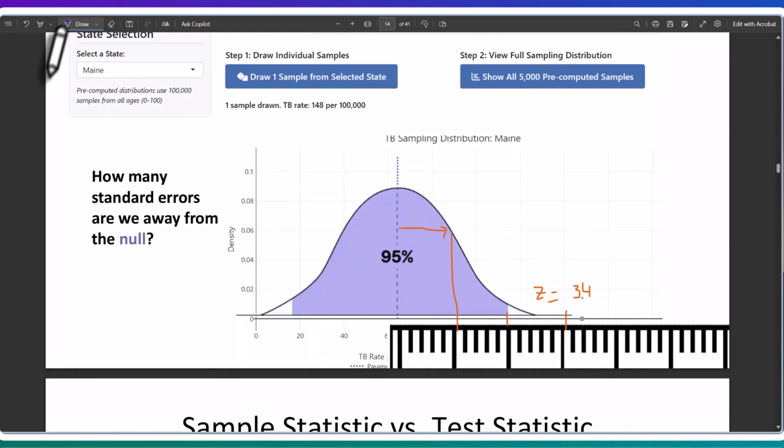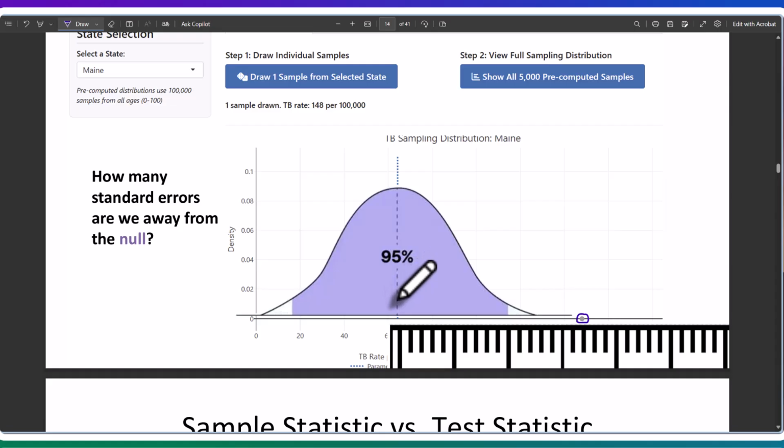So here we go. I'm going to go ahead and erase this. So we said that the p-value is, here we had our sample statistic, right?